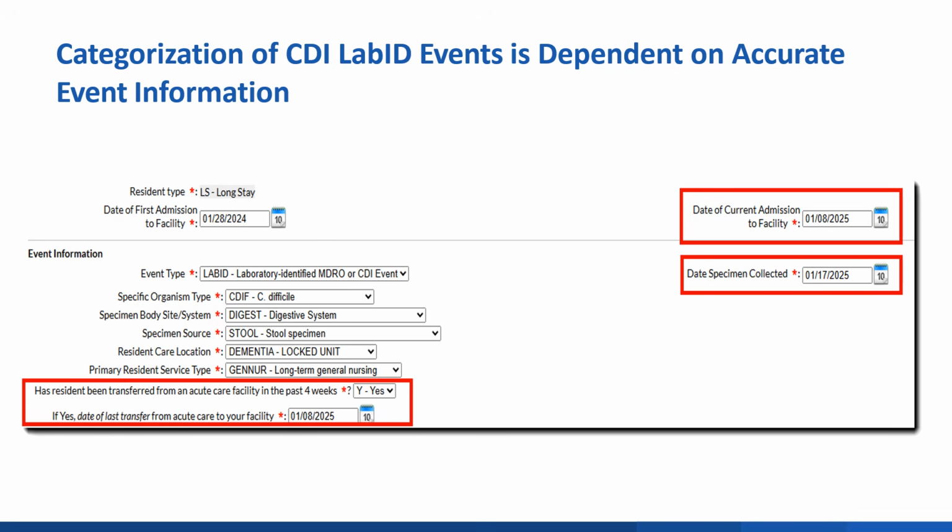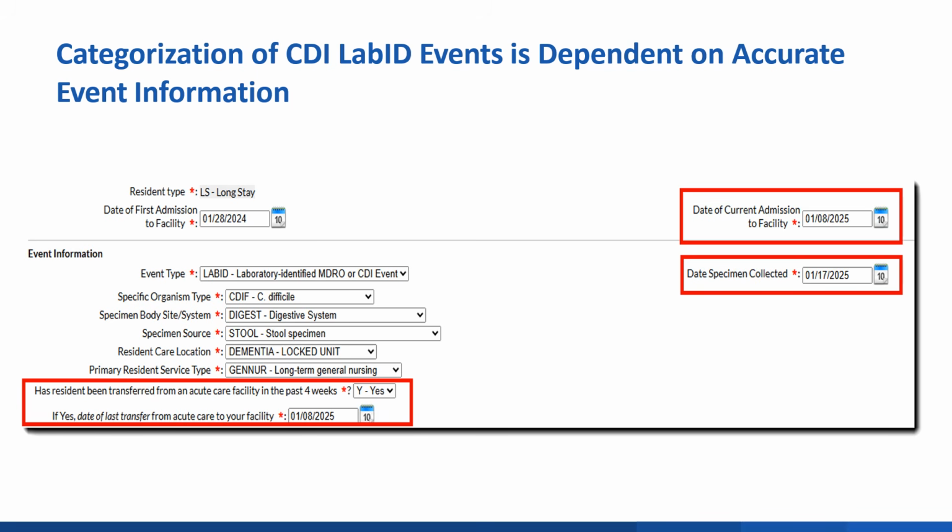As previously mentioned, for community onset, the date specimen collected is 3 calendar days or less after current admission to the facility, for example, days 1, 2, or 3 of admission. Long-term care facility onset, the date specimen collected is more than 3 calendar days after current admission to the facility, for example, on or after day 4.